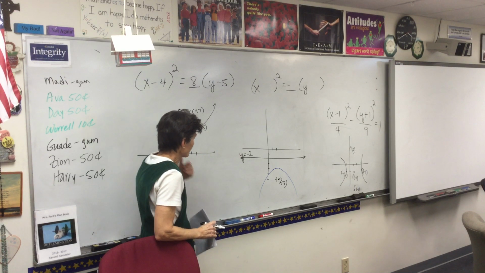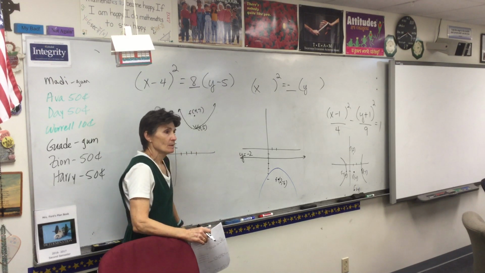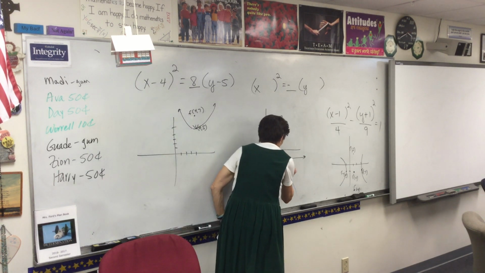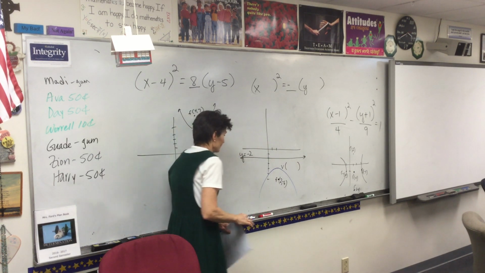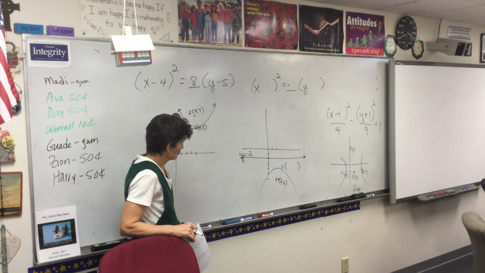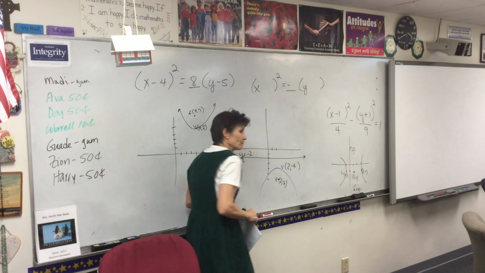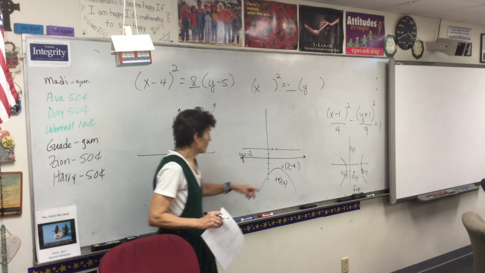Where in the world is my vertex? You find the distance. I heard somebody say it's at 2, negative 4. What do I know about my vertex?